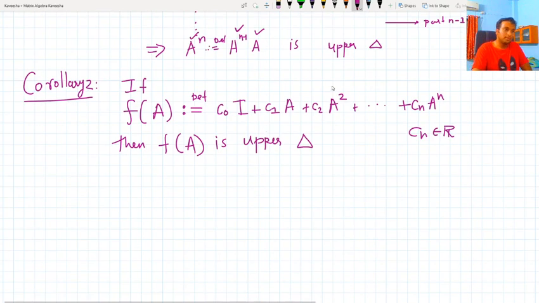Since we proved that A square is upper triangular, and likewise the other powers, we will use the fact that when we multiply an upper triangular matrix by a constant, it still remains an upper triangular matrix. This result is kind of obvious, and the proof is one line.